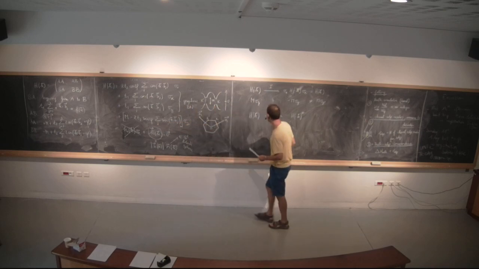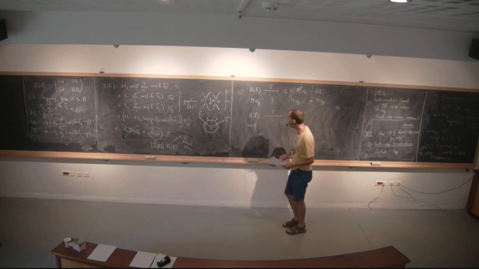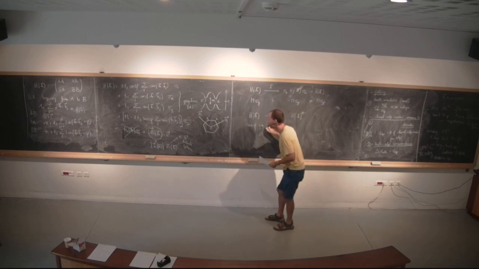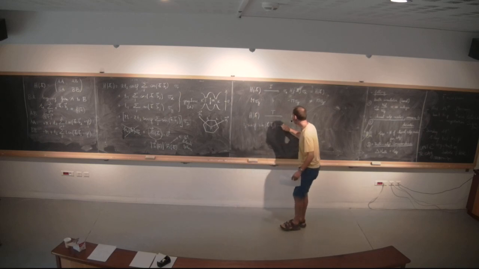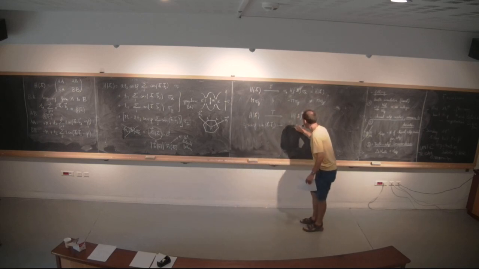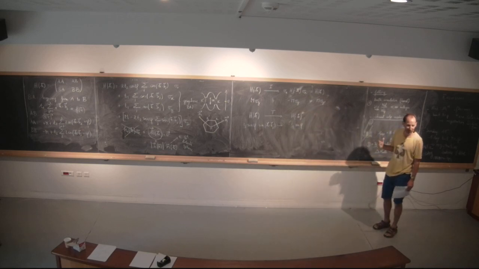So why does this term break time reversal symmetry? I just keep the part that I need. I have sine phi, sine k dot bj, and T2 that I took positive. If I do the transformation, sine phi is not changed. Sometimes people are confused. They say if you invert time, you should flip the magnetic field or the inhomogeneous magnetic field. But phi here is not a dynamical variable in my problem. It's a parameter. So parameters are not acted upon by operators.